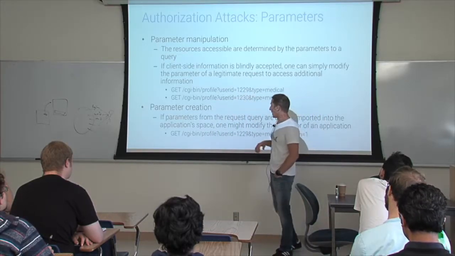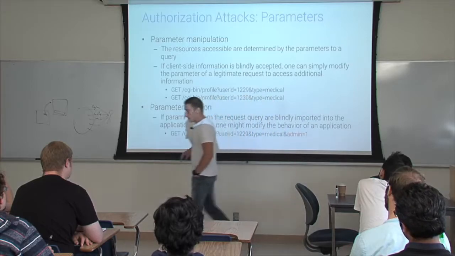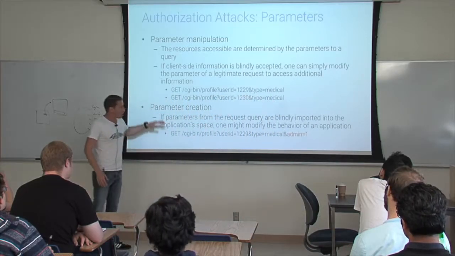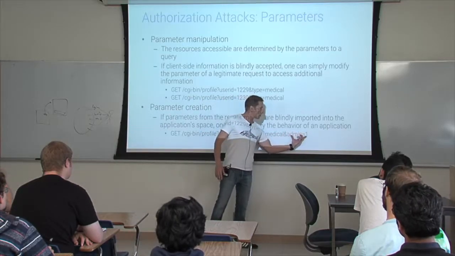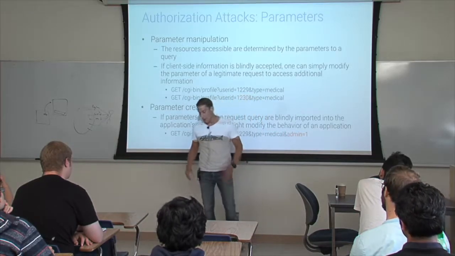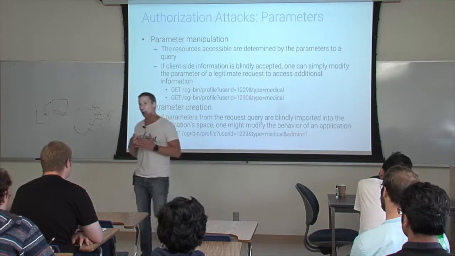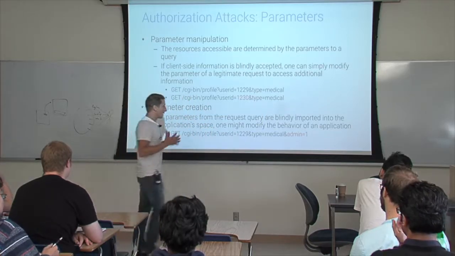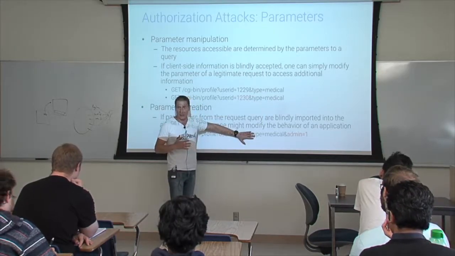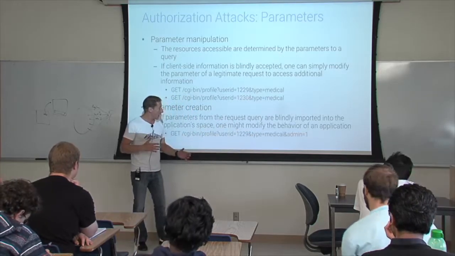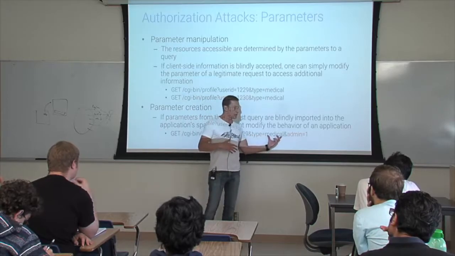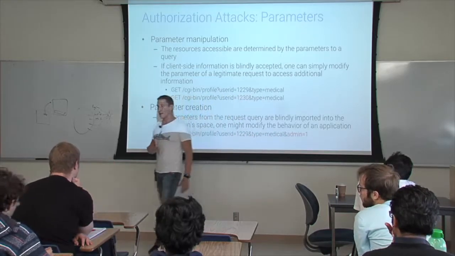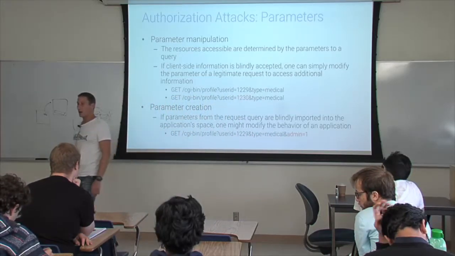And of course, here if the parameters are also blindly imported, you can use parameters to modify the internal state of an application. Suppose that in the code that processes this, there is something that says, I'm going to take every single variable and set it to the value that is described in the URL.